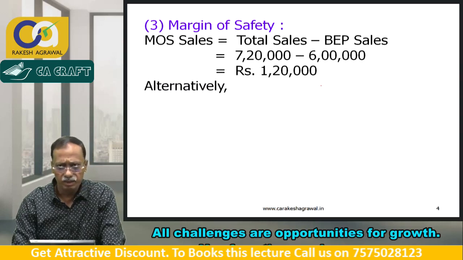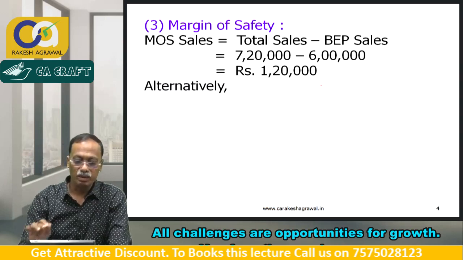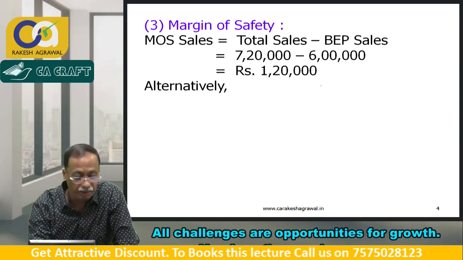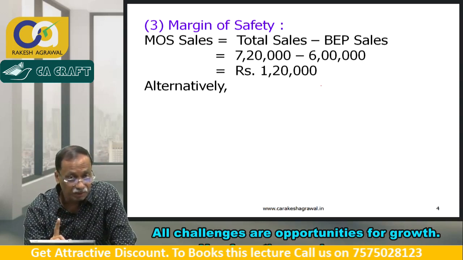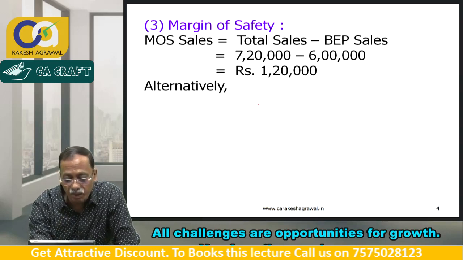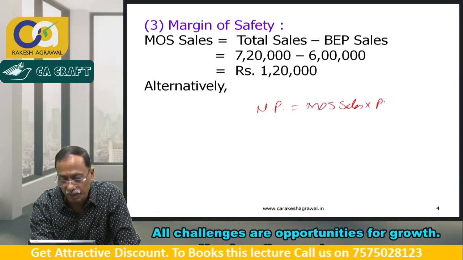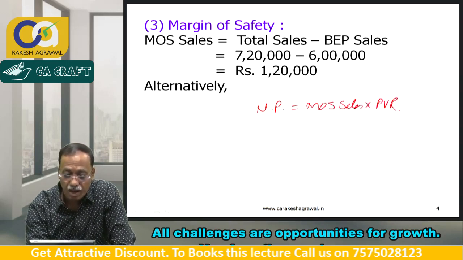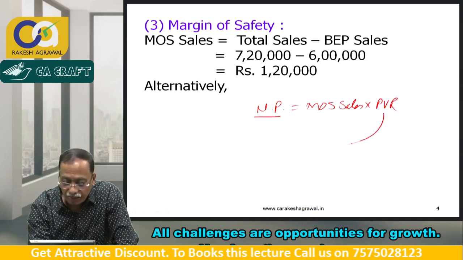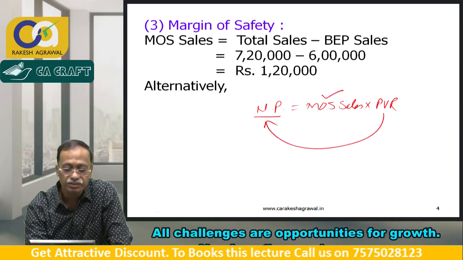Now alternatively, there is one more way to calculate the same answer. Just remember, we had just now discussed the formulas. In your printed notes there is a formula number 16, which is net profit is equal to MOS sales into PV ratio, correct? Now if I take net profit divided by PV ratio, can I get MOS sales?